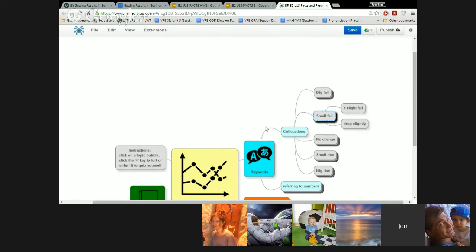We've got two ways. We can say drop slightly as an adverb, or a slight drop or a slight fall as an adjective. If it's an adverb, it goes at the end, and it's slightly, to drop slightly. And if it's an adjective, it goes before the word fall or drop, and it's slight.